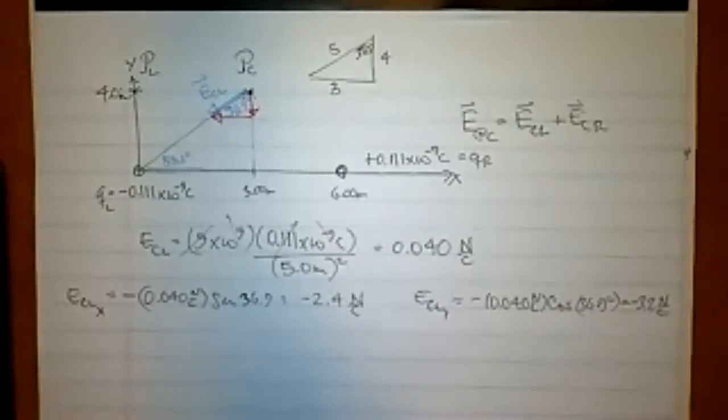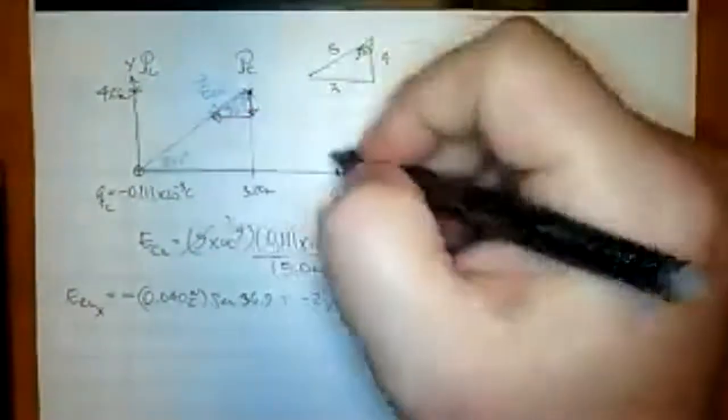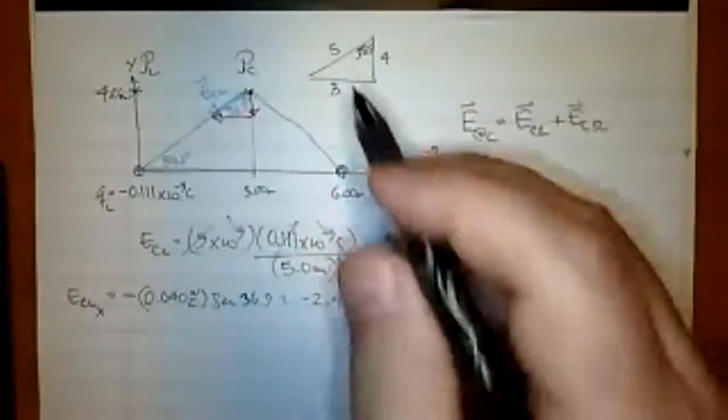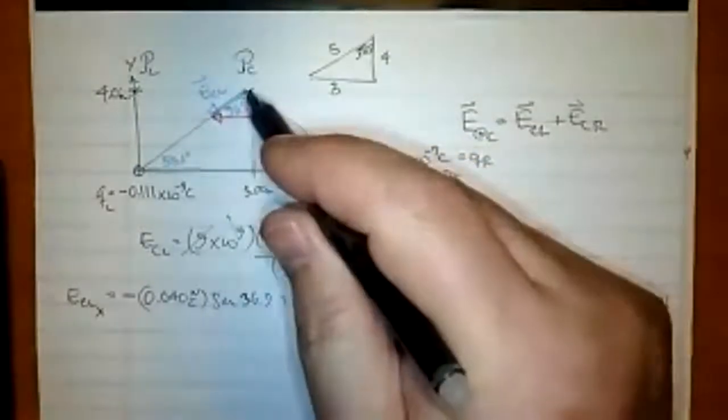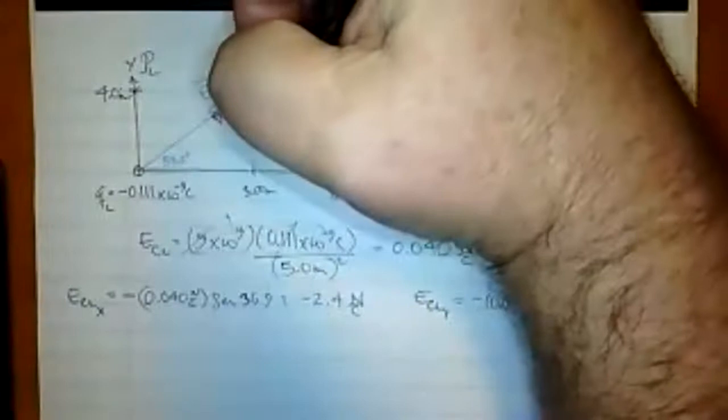All right. Now we're going to do the exact same thing with the electric field due to the other particle. And notice this one's also a 3, 4, 5 triangle, so that works kind of nice. In this case, this is a positive charge, so this positive charge is going to be compelled to move that way.